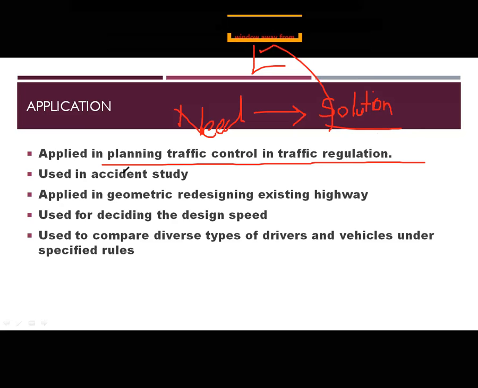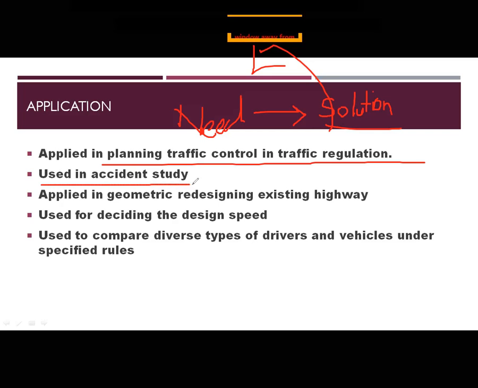If the traffic at a particular area or spot has very variant speeds, then you have to provide traffic controls, a traffic signaling system. Even where there is no stopping, we could provide a warning, because the safety of a road is also important.